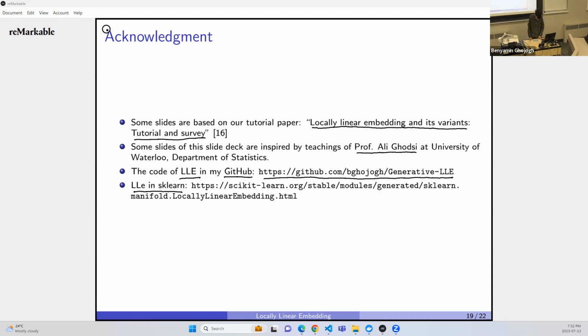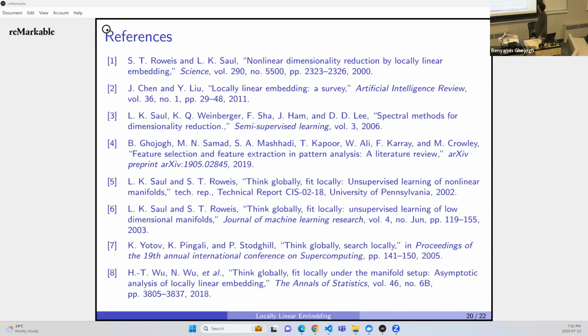Okay, these are the references. This was the paper of LLE, Nonlinear Dimensionality Reduction by Locally Linear Embedding, by Roweis and Saul, in the year 2000. Also, they explained their method more in this paper, Think Globally, Fit Locally: Unsupervised Learning of Low Dimensional Manifolds, which is the main idea of unsupervised manifold learning.